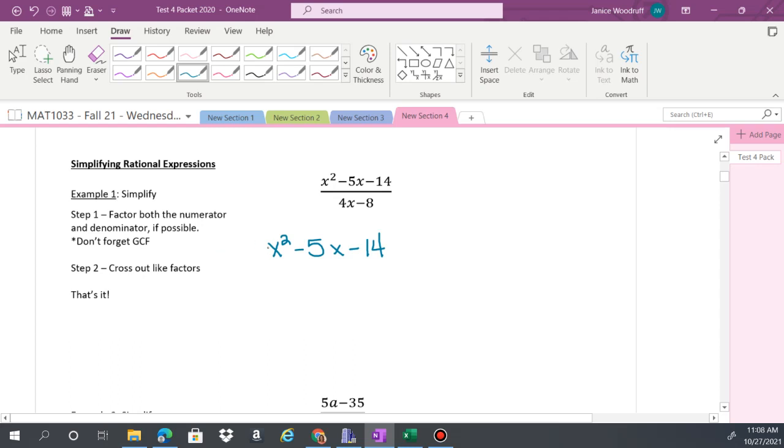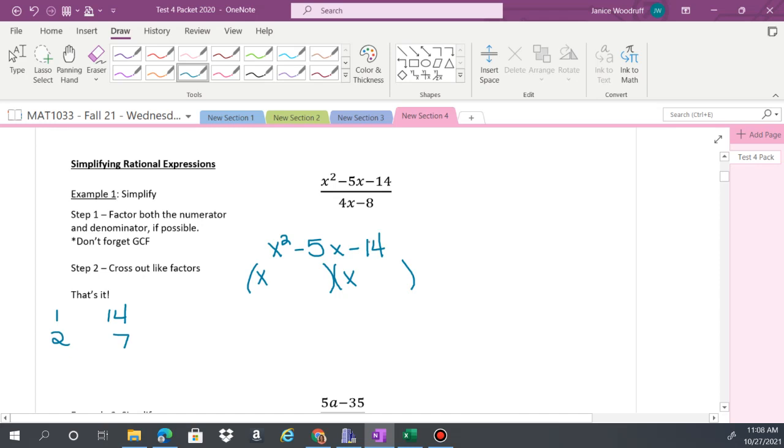But here, I don't have a number in front of my x squared, so I'm going to go straight to setting this up with my 2 parentheses. I'm going to put an x in both. Then I ask myself, what are factors of 14 that might add to 5? I'm going to start a list here. I know 1 times 14, 2 times 7, and I think that's it.